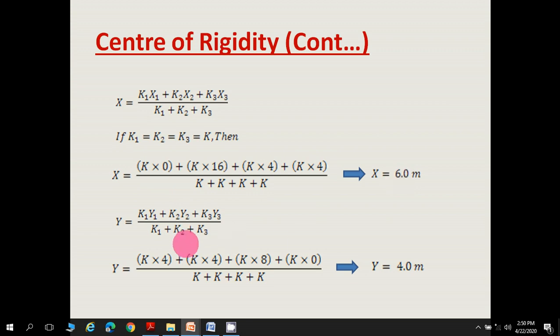Similarly, in the y direction, K1 y1 plus K2 y2 plus K3 y3 plus K4 y4 divided by K1 plus K2 plus K3 plus K4. In the y direction, wall A has a center of stiffness of 4 meter. Similarly, wall B also has 4 meter, wall C has a center of stiffness of 8 meter, and wall D has a center of stiffness of 0. Dividing by the summation of all the stiffness, the value of y is found to be 4.0 meter.